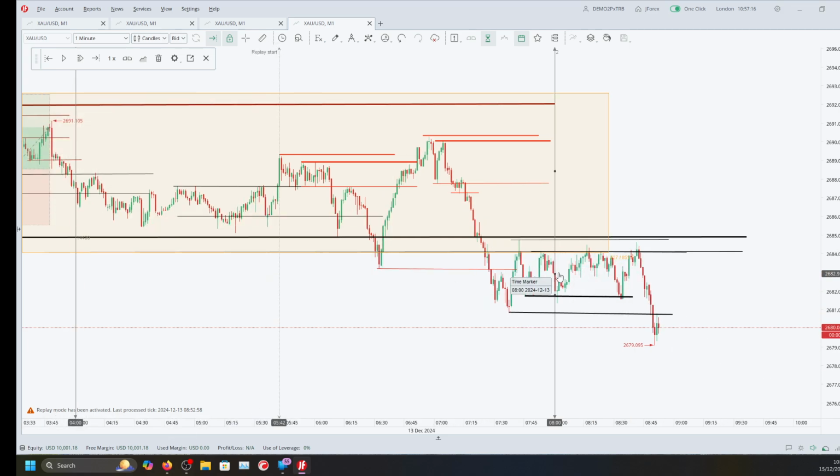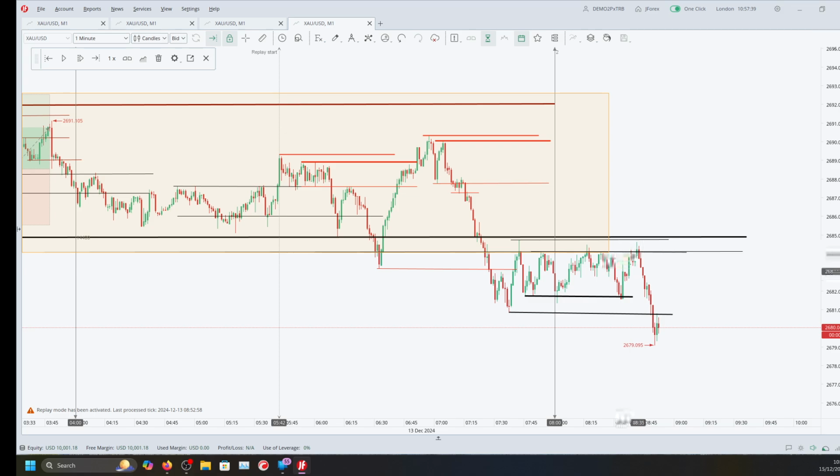So what's the difference between taking a short from here and taking a long from here? Because yesterday I was taking a long up here after this run up.